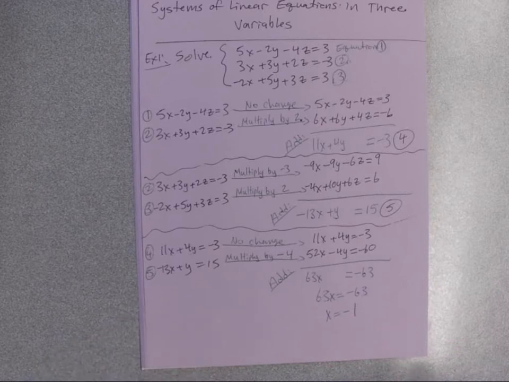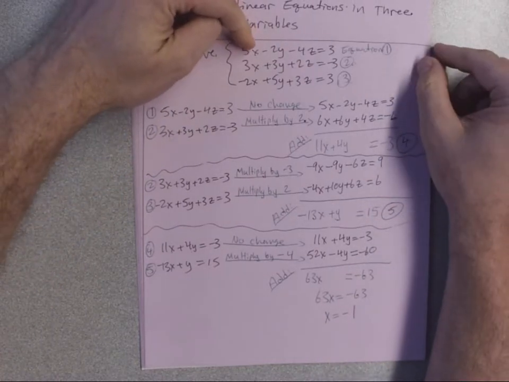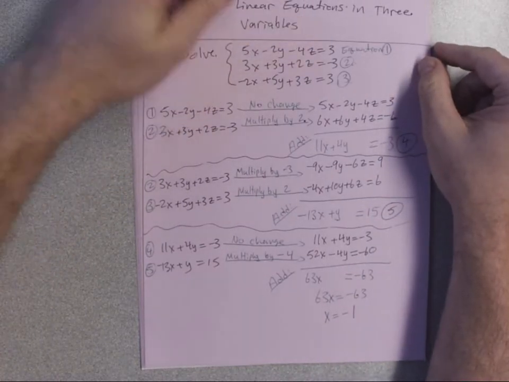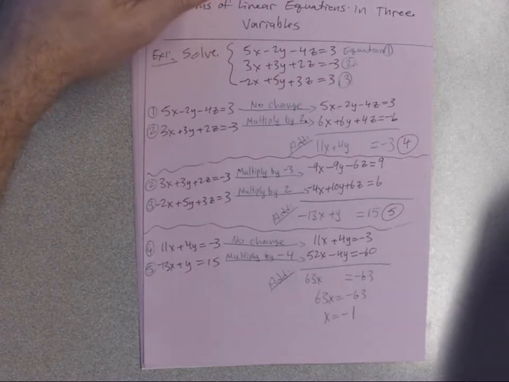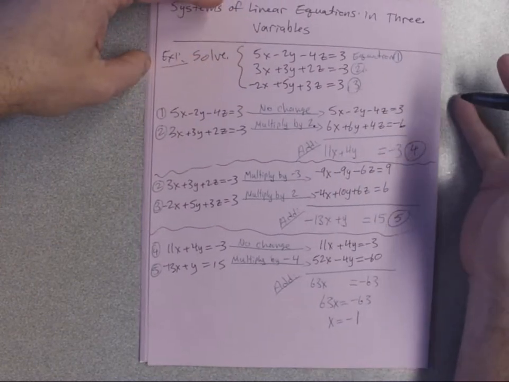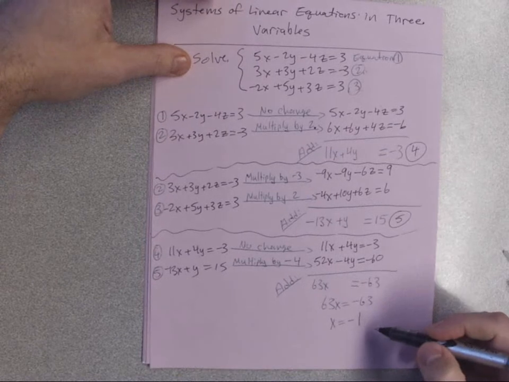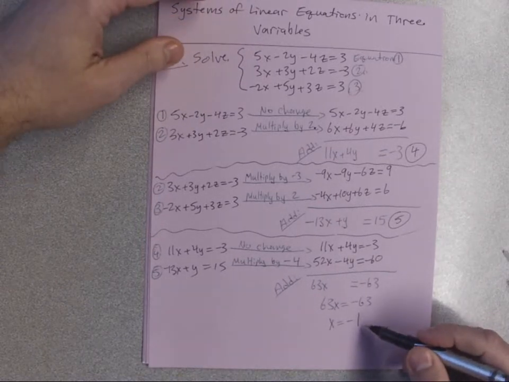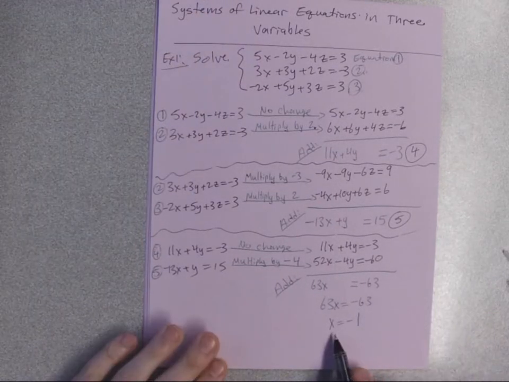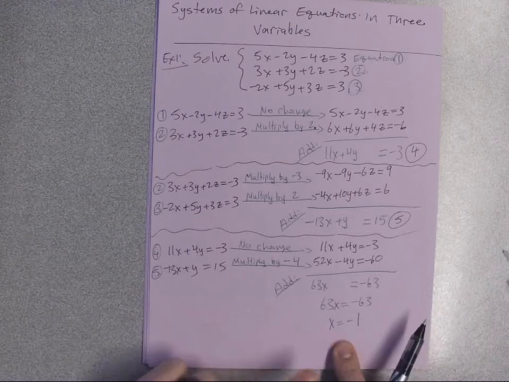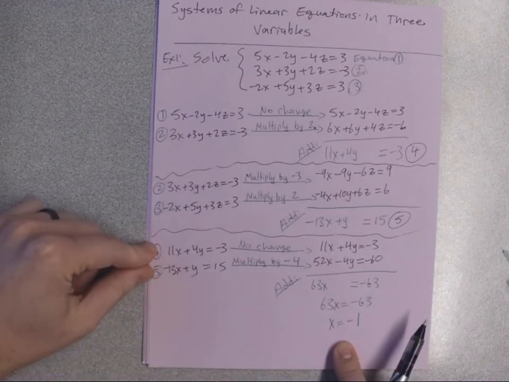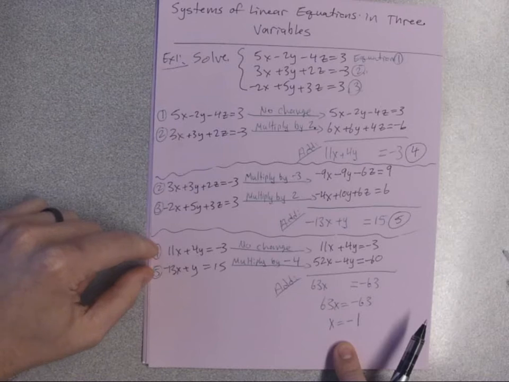Alright, we're not done there because we have our x value. Now we need to determine the y's and the z's. So we're almost on the home stretch. The tedious part's over with. So now we just need to figure out our y and z variables. So we have our x. We can take this x and plug it into either equation 4 or 5, and out will pop our y value.